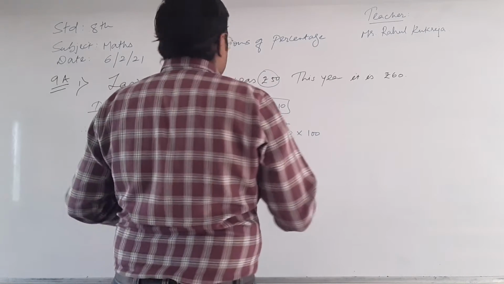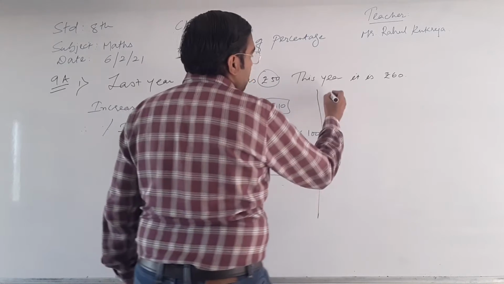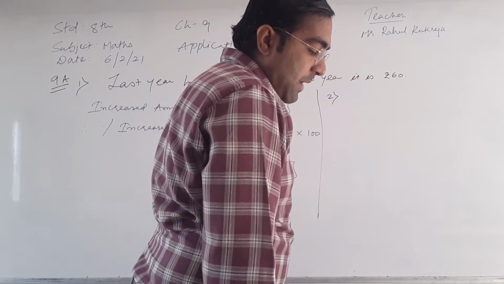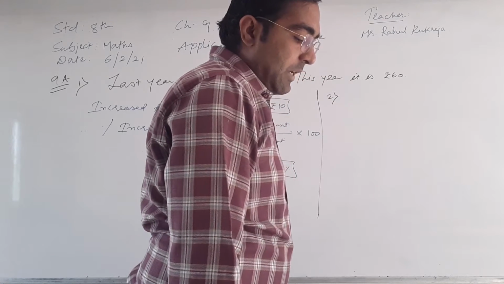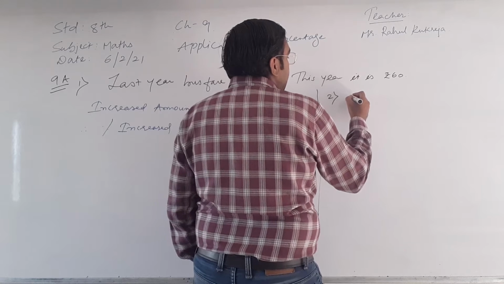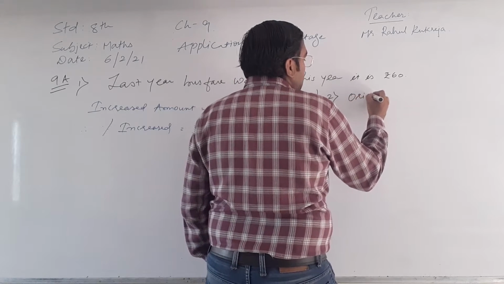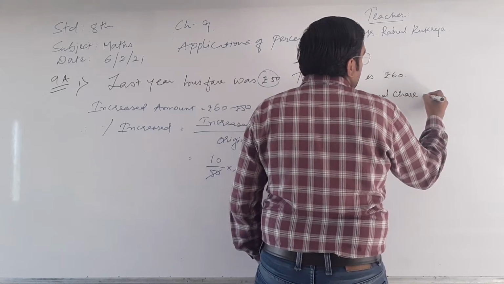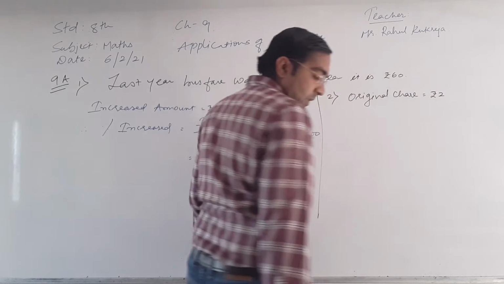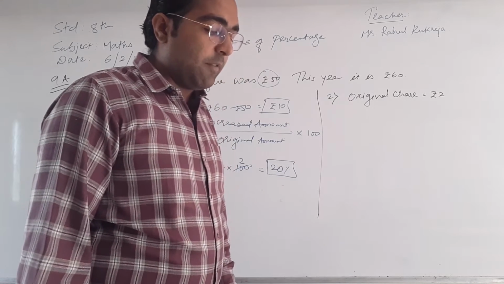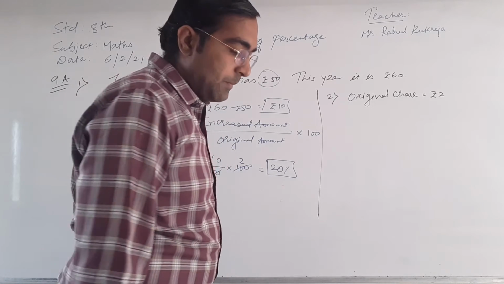Next is that five years back the telephone charges per minute was ₹2. The original charge is ₹2, and now it is ₹1.50 per minute.